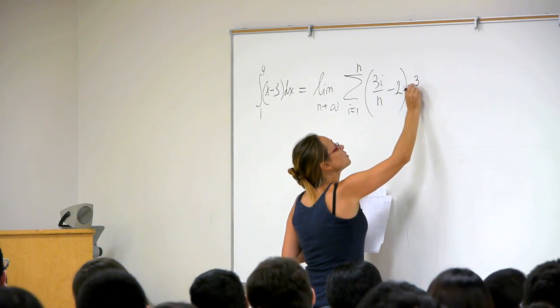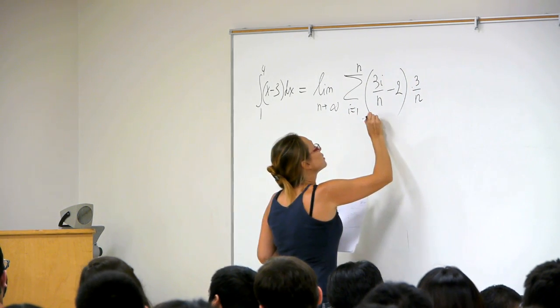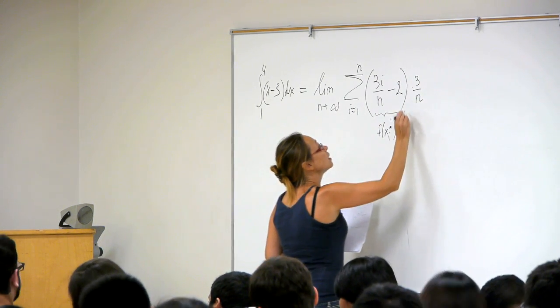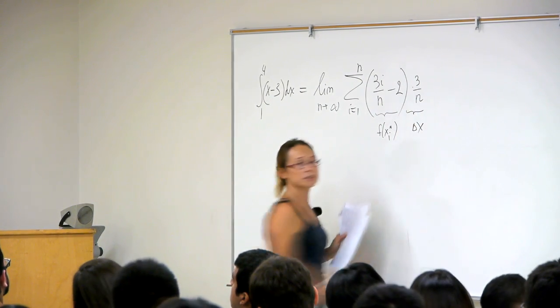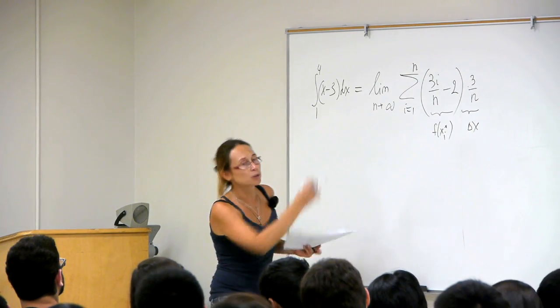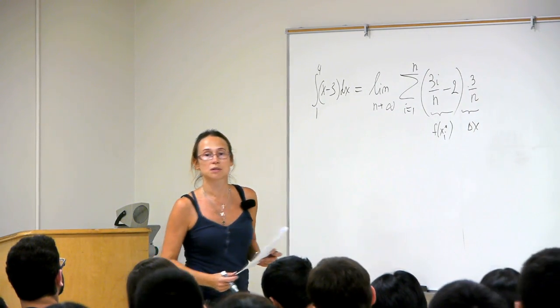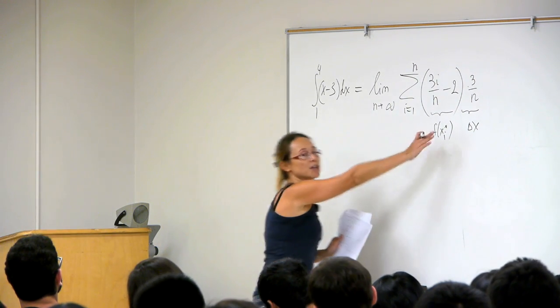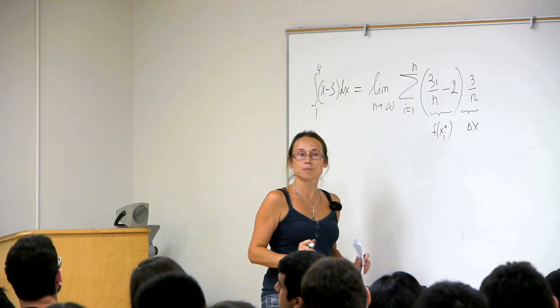That's 3 over n. So again, this is f of xi star, and this is delta x. So now I have concrete numbers and the formulas, and I have to evaluate first the sum and then the limit. Okay.